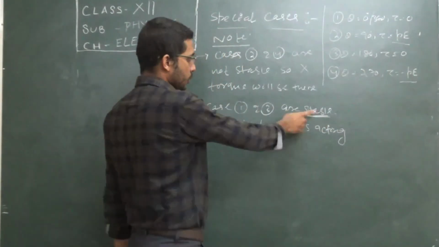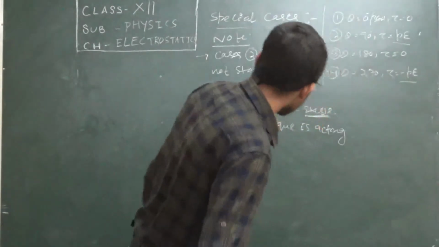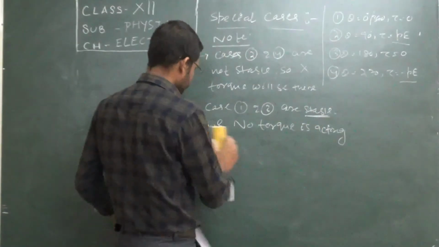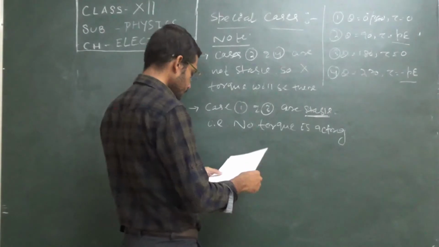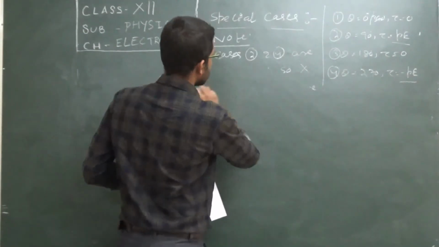So now we will discuss which one is your stable, which one is your unstable equilibrium. So now let us consider, write down a case.